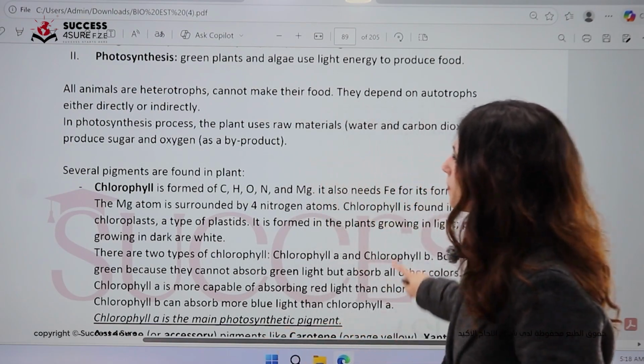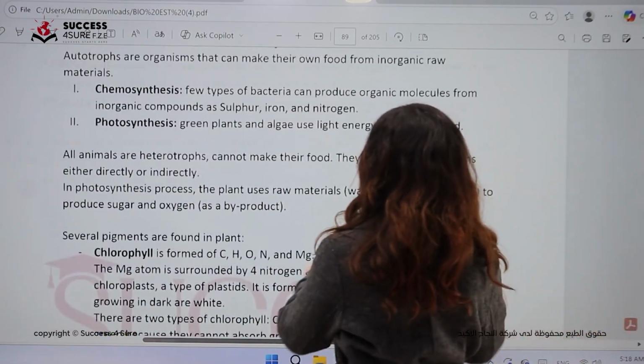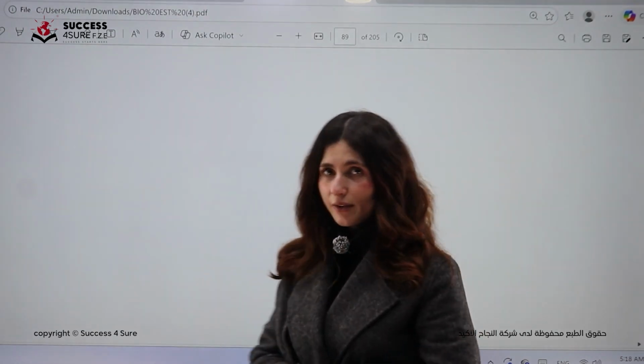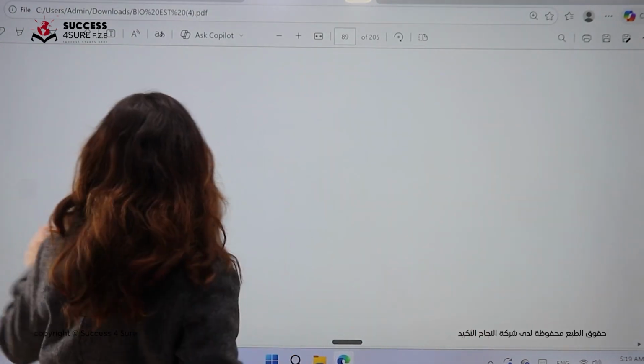Okay, great. Now, what you should know about photosynthesis is that it takes place in the leaf, in the chloroplasts.